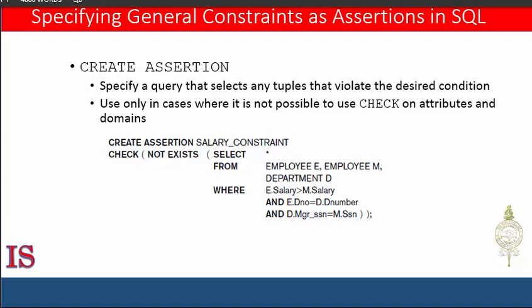For example, to specify the constraint that the salary of an employee must not be greater than the salary of the manager of the department that the employee works for in SQL, we can write this assertion: create assertion salary constraint. There is our constraint name.